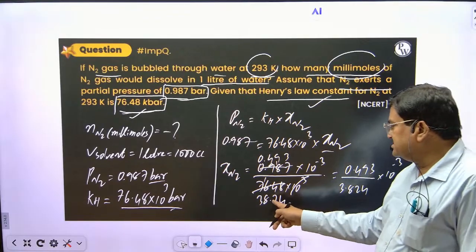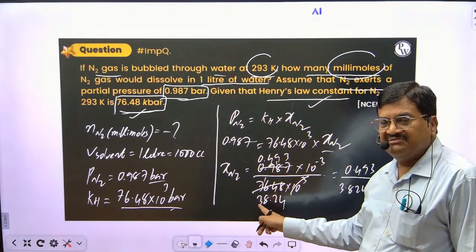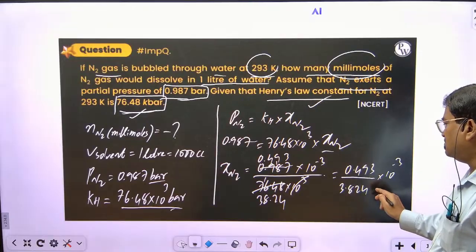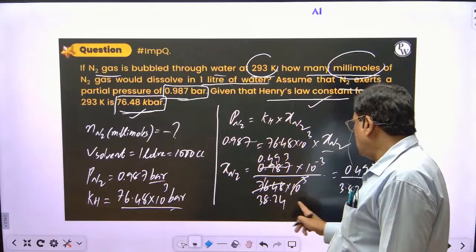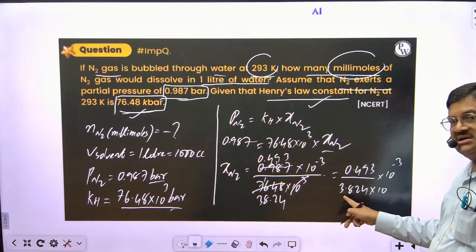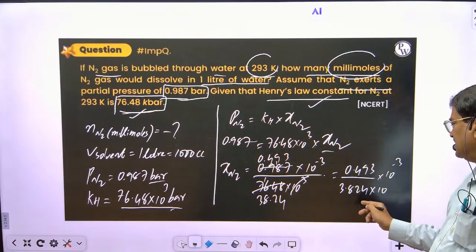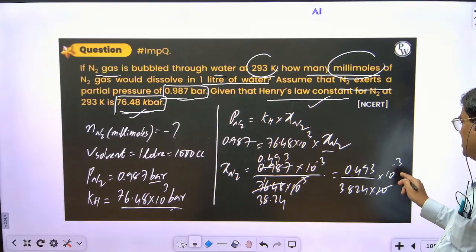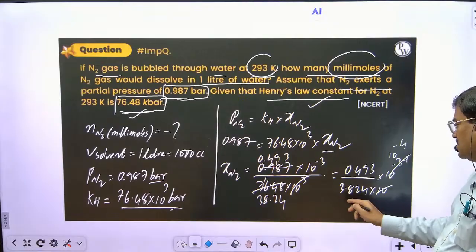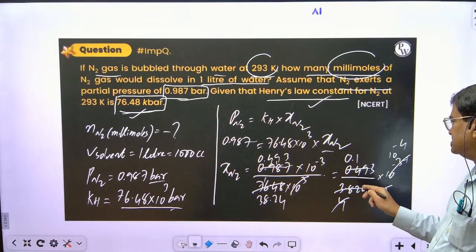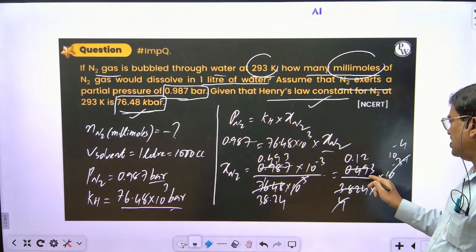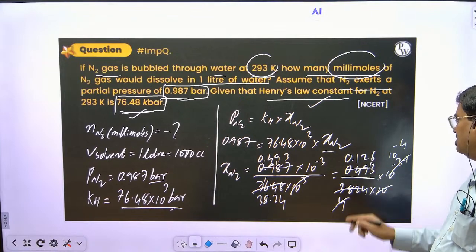I moved the decimal to the right side by one digit, so that gives a 10, and I am taking it roughly as 4 for easy calculation. When I bring this 10 to the numerator it makes minus 1, so the exponent comes 10 power minus 4. Roughly taking it as 4, this will cancel, 4 1s are 4 and 4 2s are 8. So we get 0.126.